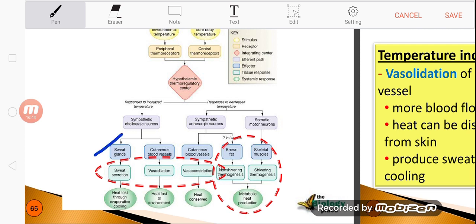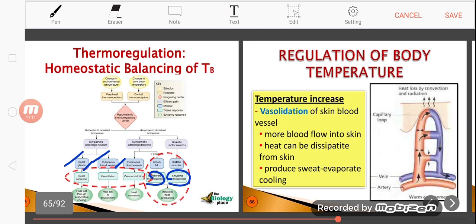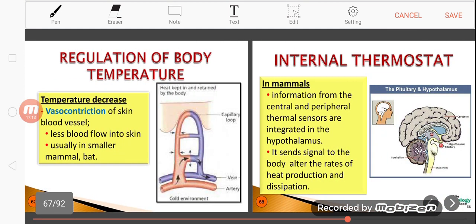So sweat glands, cutaneous blood vessels, vasodilation, vasoconstriction. And then it also involves thermogenesis, which is non-shivering and shivering thermogenesis. The slide after this is about vasodilation, vasoconstriction. I think this is simple enough. You can read by yourself.